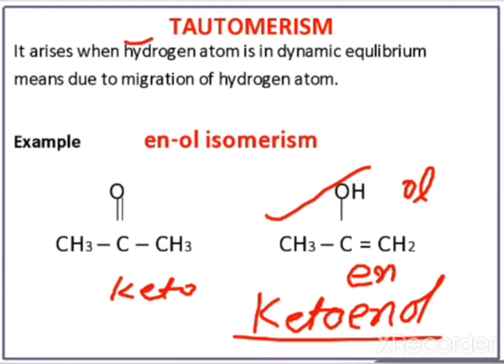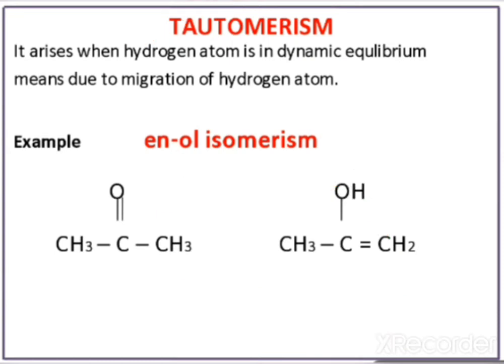This type of isomerism is known as tautomerism. This isomerism arises due to the shifting of a hydrogen atom. Once again this hydrogen atom shifts to this carbon, so again this compound will be formed. So this is tautomerism.